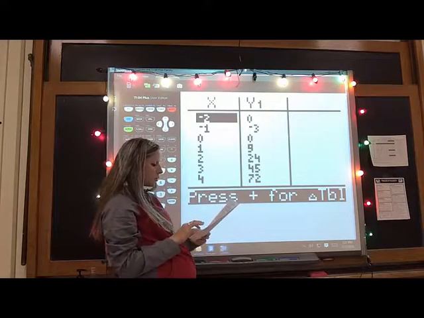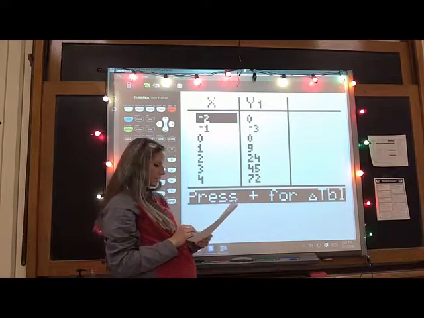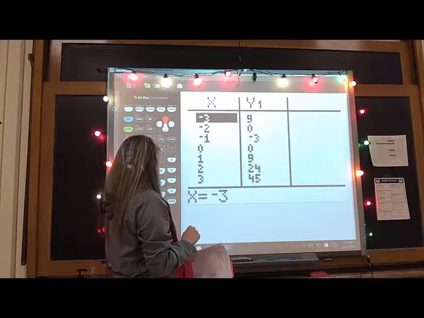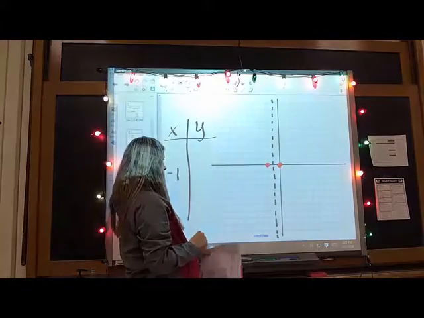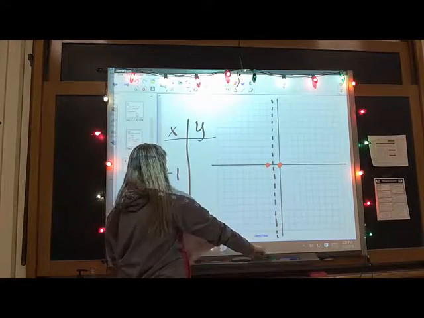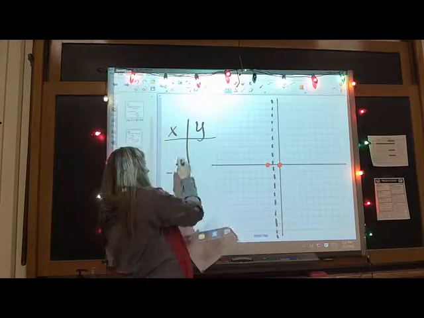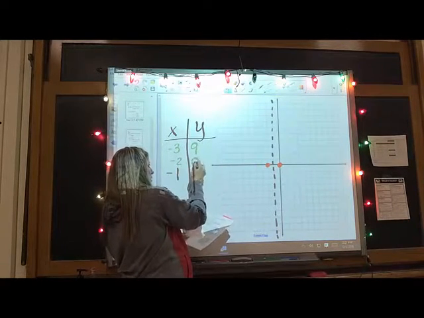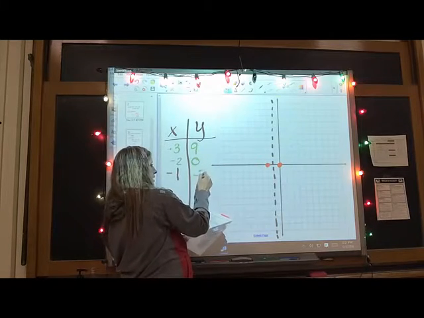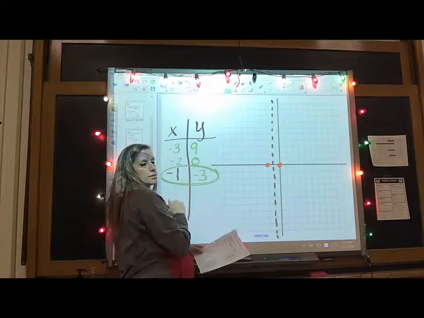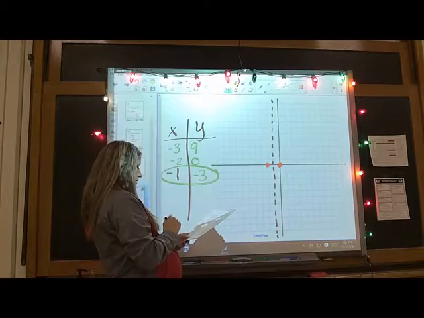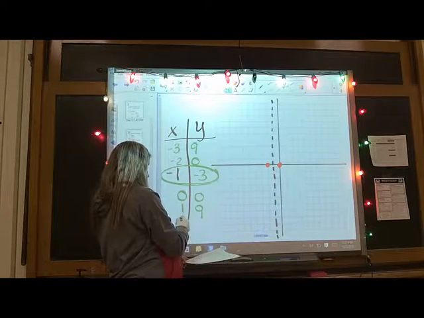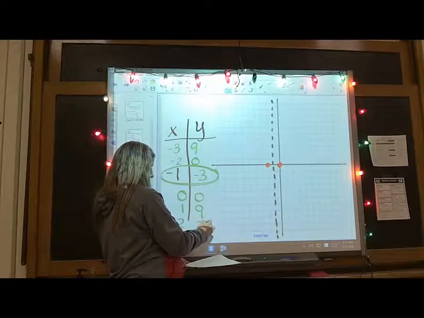Okay, you want to find some points around that vertex. So some points around -1. Okay, so we have -3, 9, -2, 0, -1, -3, which is your vertex. Okay. 0, 0, 1, 9, and 2, 24.